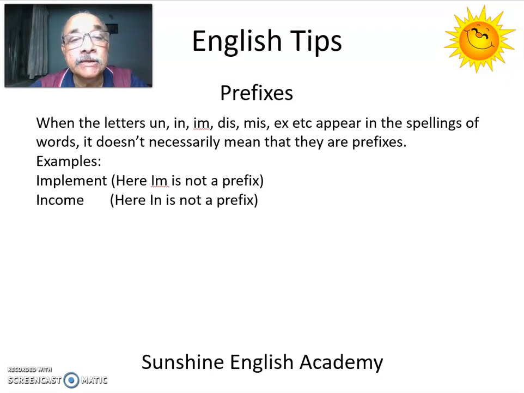There is no word such as plement before which we can put the prefix IM. Look at the next word, income. Although there's a word like come, the IN here is not a prefix because the word income doesn't have anything to do with the word come. They are completely different.